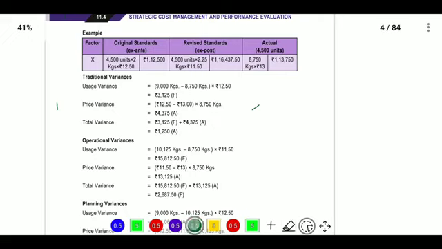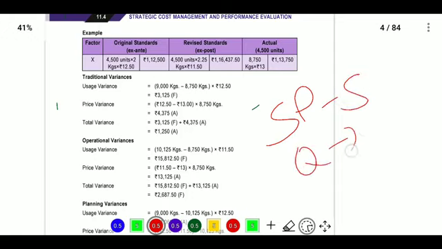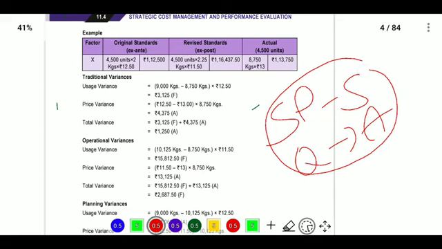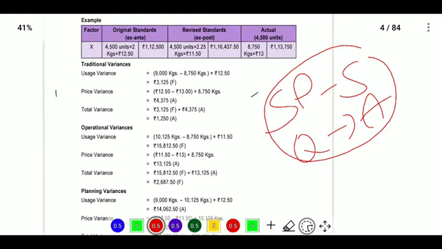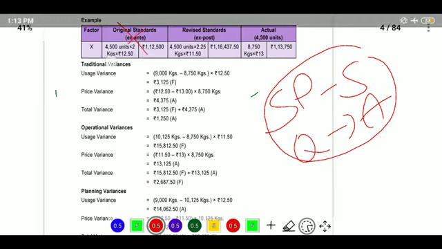See, for the thumb rule, selling price we will take as standard, and quantity we will take as actual. This is the thumb rule. Next, we will see the usage variance. For usage variance, now we will not consider this one. For operational variance, it means actual performance against what we revised.